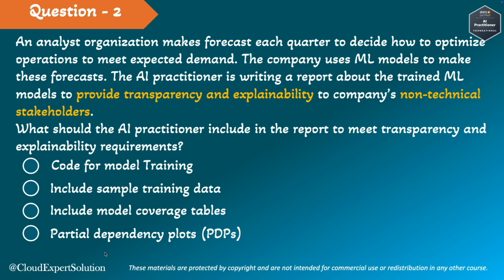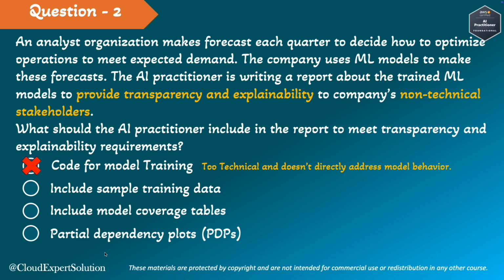Now let's review all the options. While providing the code for model training can offer insights into how the model was developed, it may be too technical for stakeholders and does not directly address the model's behavior or decision making process. And we have non-technical stakeholders. Hence, this option is not correct.